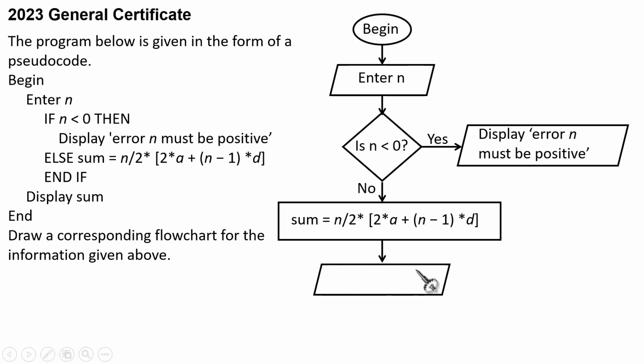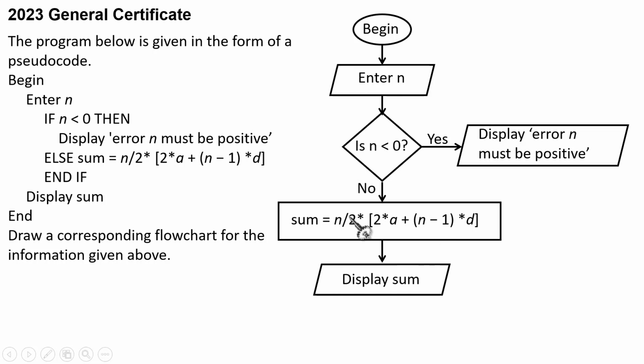So you write a parallelogram here and you put display sum. After calculating it here, it will display sum. So after you put the correct value of n here, it is accepted that this n is not less than 0. N will be placed here.